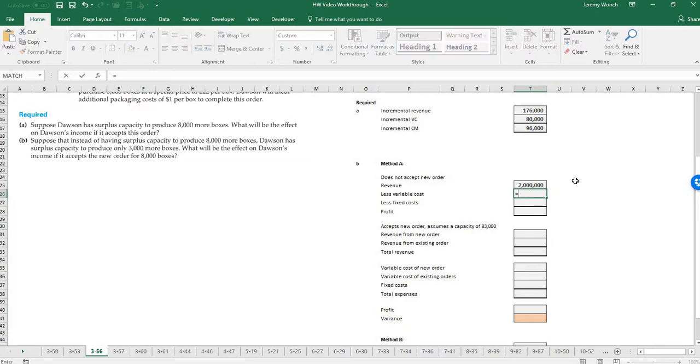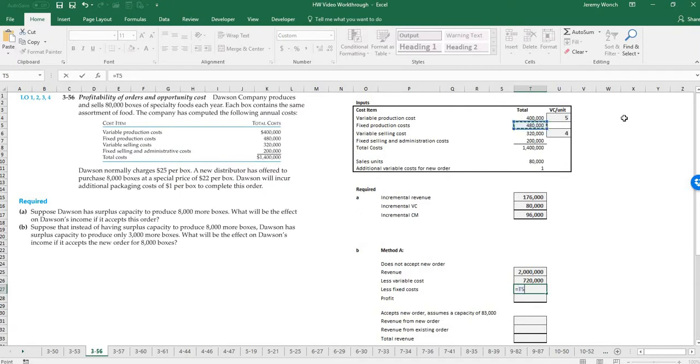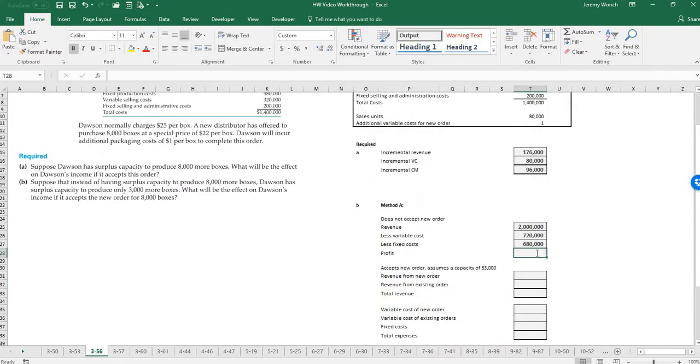Then our variable cost would be our 80,000 units times our variable cost, which is the 5 and the 4, so a total of 9. So total variable cost, 720,000, and our fixed cost here. We have 480,000 and 200,000 for our fixed cost.